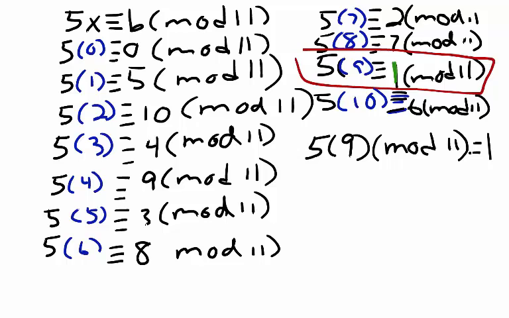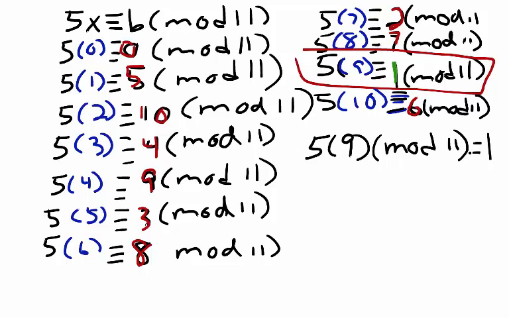Notice that as we progressed through the naive method for finding a modular inverse, each of our remainders from 0 to 10 occurred only once. We had 0, 5, 10, 4, 9, 3, 8, 2, 7, 1, and 6.